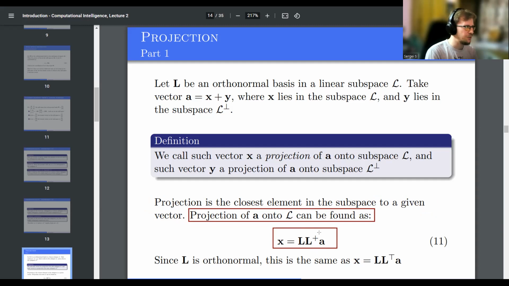So this is where it comes from. I'm not going to give you derivations, but you can see where it comes from by analyzing residuals of least squares. One way to derive it. There are, of course, many ways. Since L is orthonormal, we can rewrite it in this much nicer way: X equals L transposed A. Good. So that is how we can project A onto subspace L.